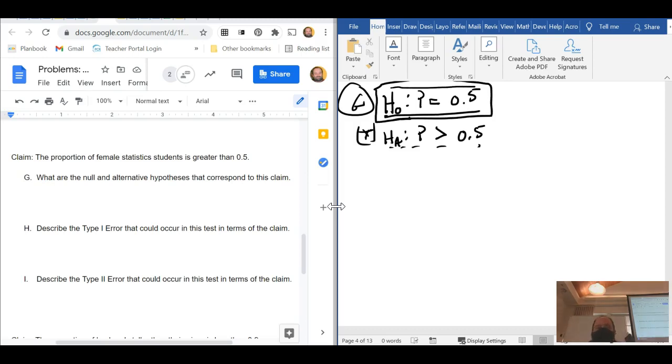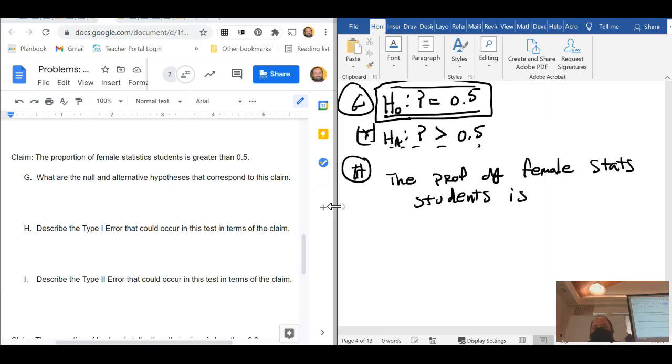That's it. So the type 1 error here is that the proportion of female stat students is 50%, and the test says it's not.